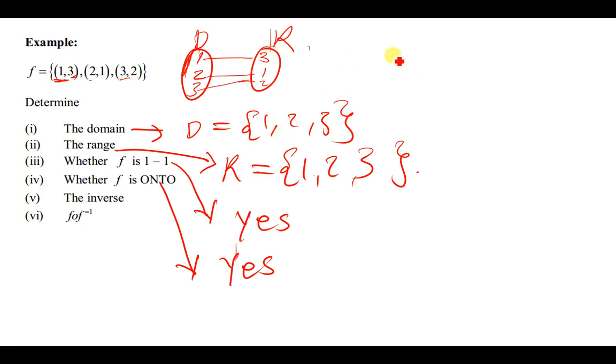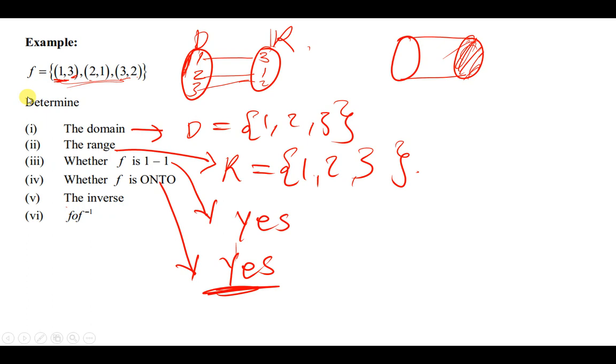So it's just the same as writing that expression which I had there, where this is being mapped onto this. So it's an onto function.